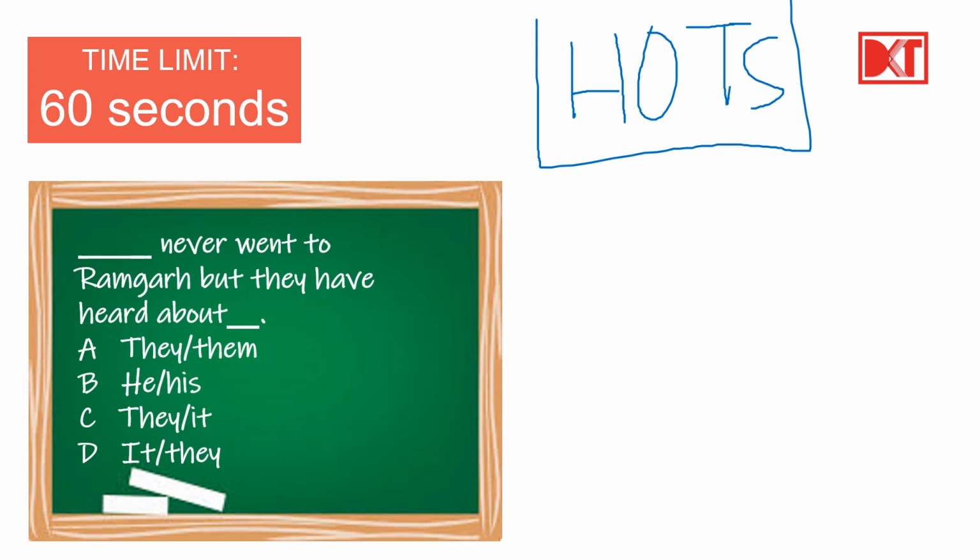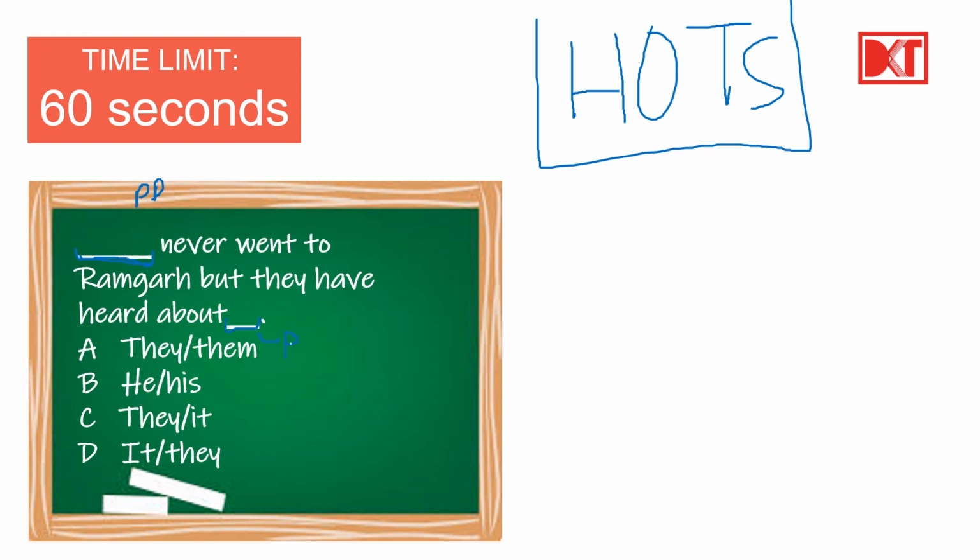Now you see here we are talking about the doer of the action, so we will be talking about personal pronouns. A personal pronoun will come here, and a personal pronoun will come here as well.